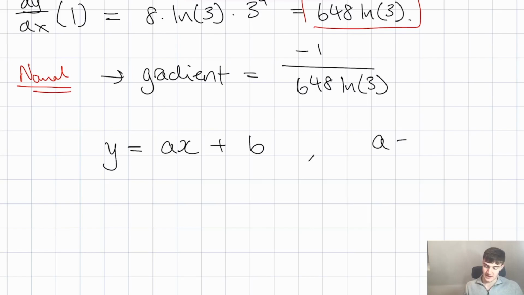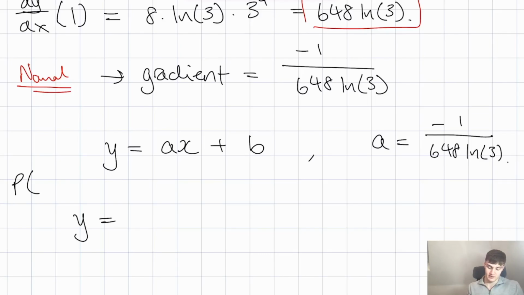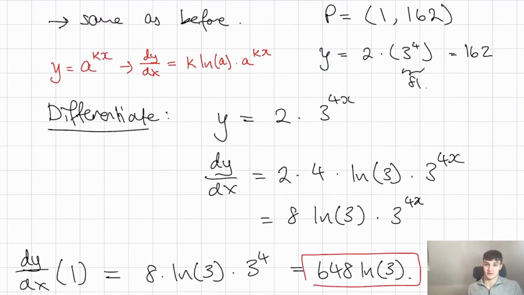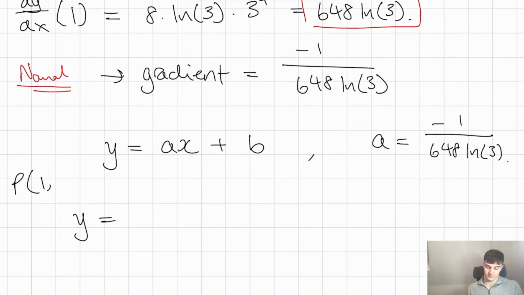We already know that a is equal to negative 1 over 648 ln 3. To work out b, we need to plug in that we have our point P on this line. So P is 1 and 162.